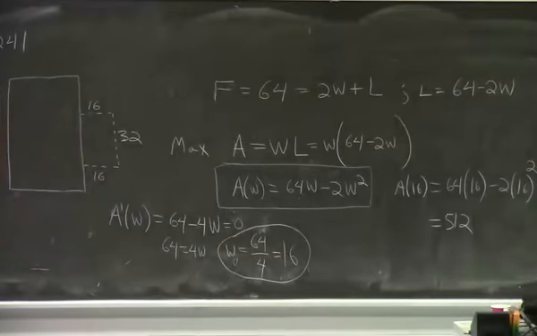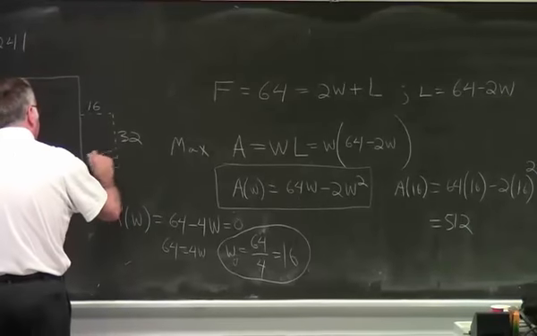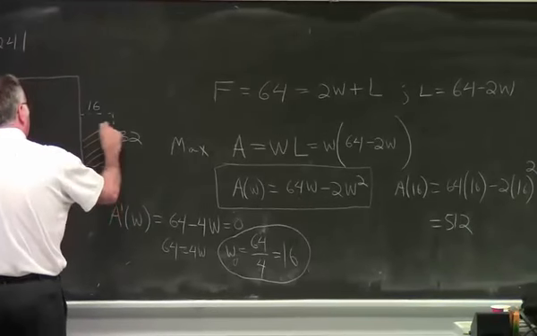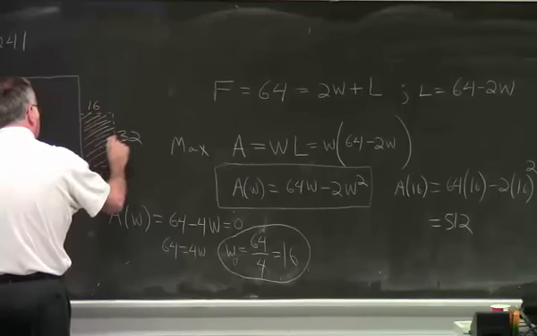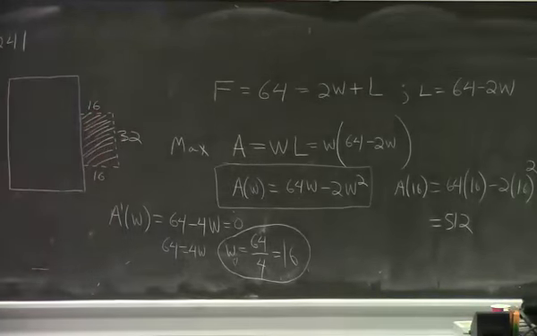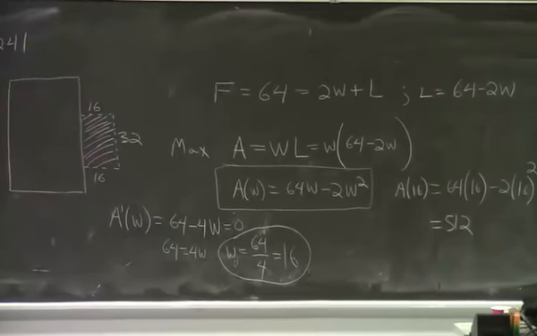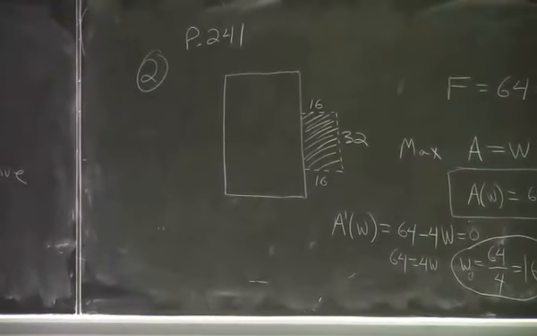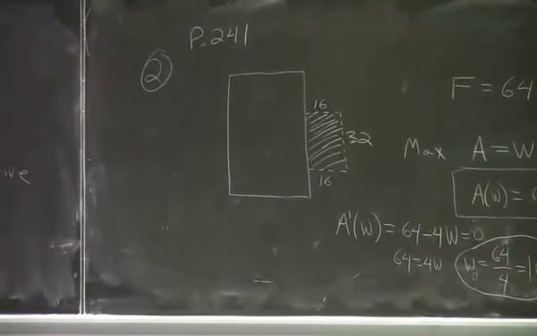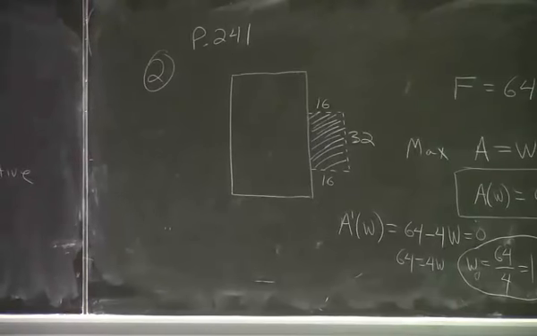And those dimensions will give Mr. Green Thumb the maximum area. Now, it is interesting, David, you said something about a square. In this case, it's not a square, is it? Exactly. That's why it's not a square, because you can take advantage of your existing house to provide one side for you.